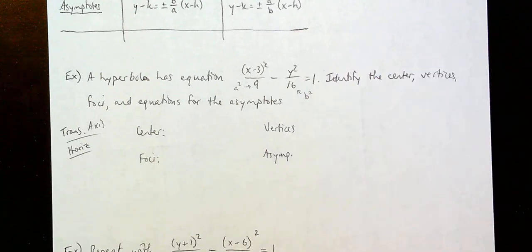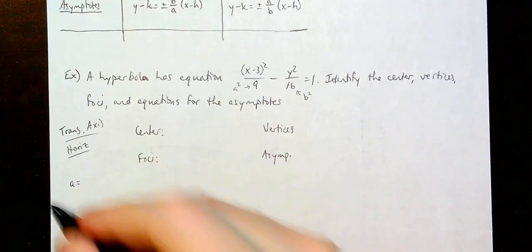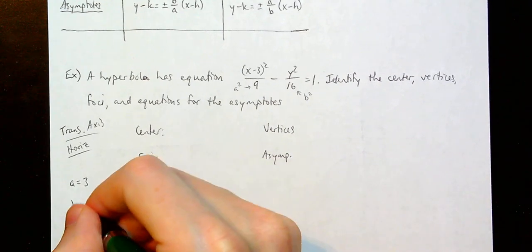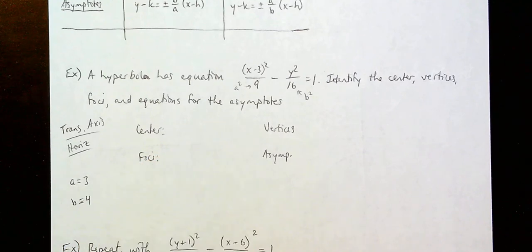So I can easily figure out what my a and b values are going to be. The square root of 9 is 3. Square root of 16 is 4. And again, a and b are positive, so we're taking the positive square roots here.